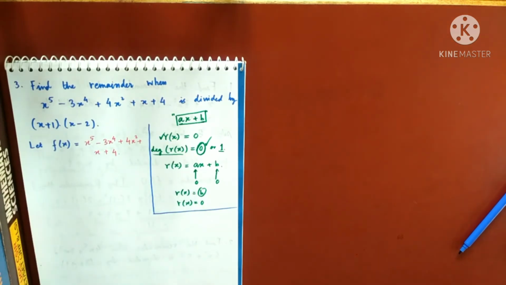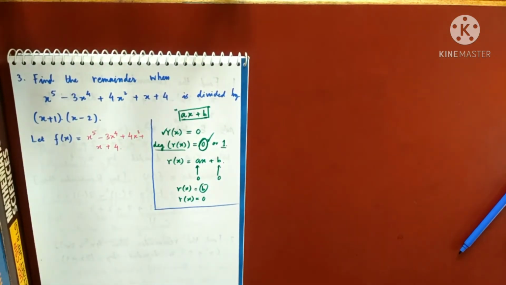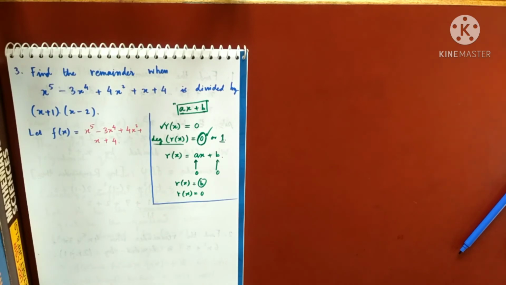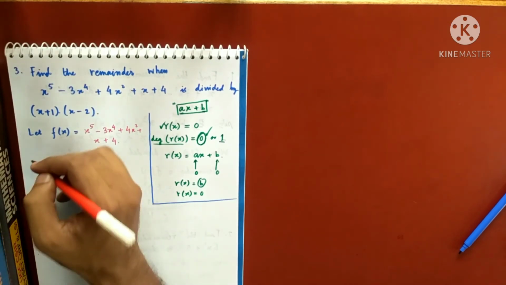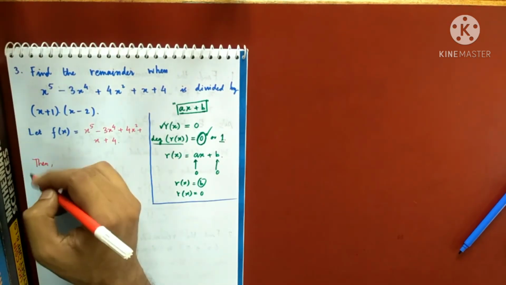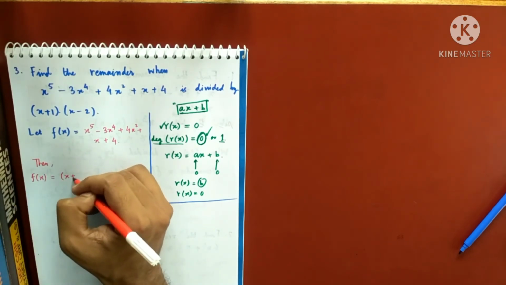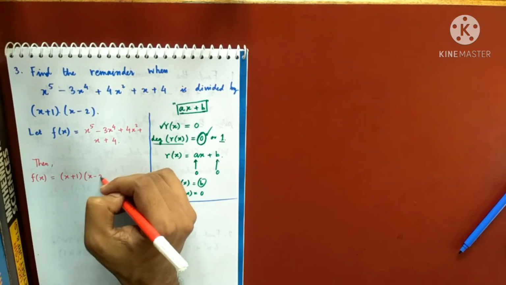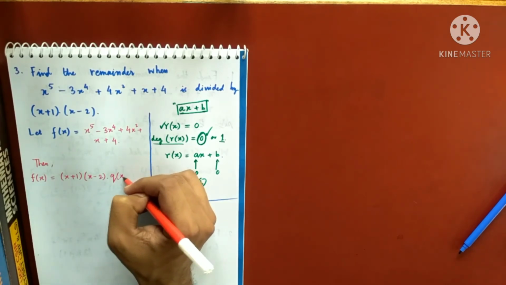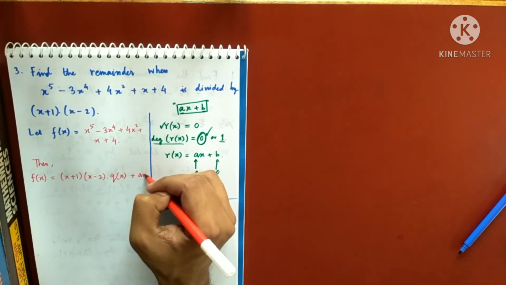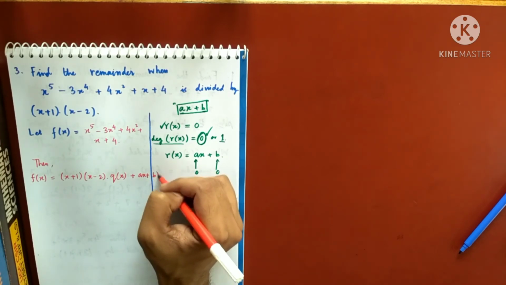I'm calling this some polynomial fx. Then fx can be written as the divisor times quotient plus remainder. What is the remainder? Ax plus b is my remainder.